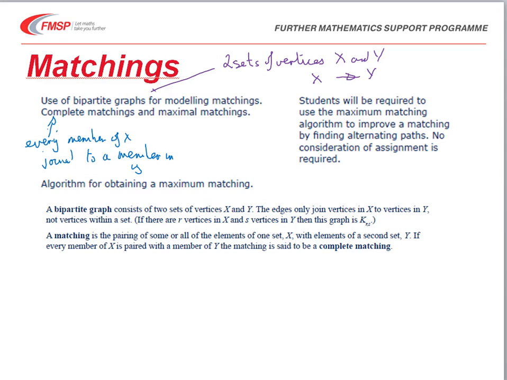That's not always possible, so a maximal matching is one where we've got the largest possible matching for a given situation. Those definitions are given in the specification. If you don't have a copy of that, I suggest you ask one of your teachers to give you a copy of the glossary, which includes the definitions for bipartite graph and matchings.